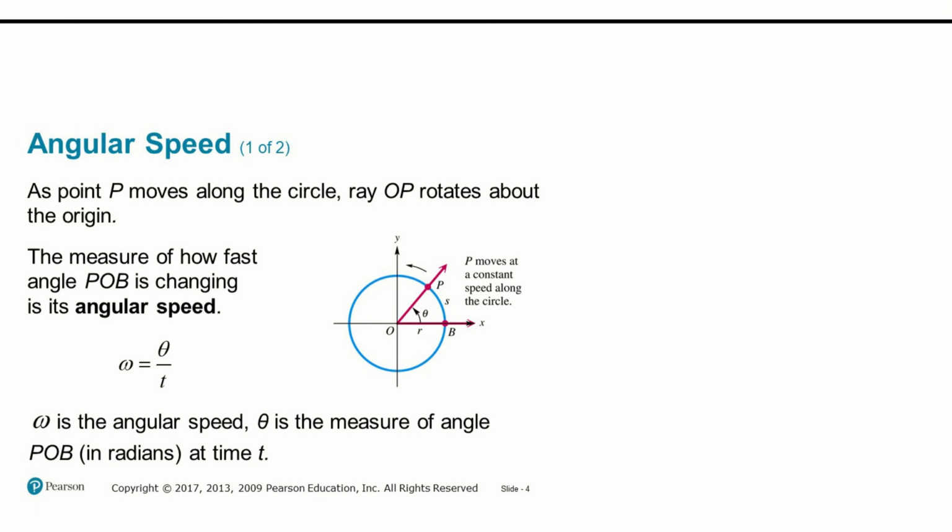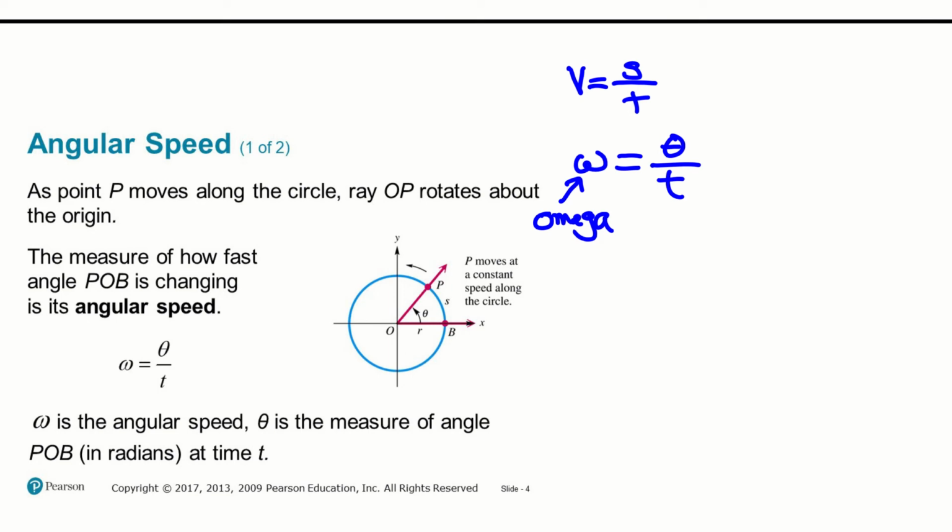And just as linear speed is the distance covered divided by time, angular speed, denoted by omega, this is lowercase Greek omega, looks like a W, but it's read omega, is basically how much the angle theta is changing with respect to time.